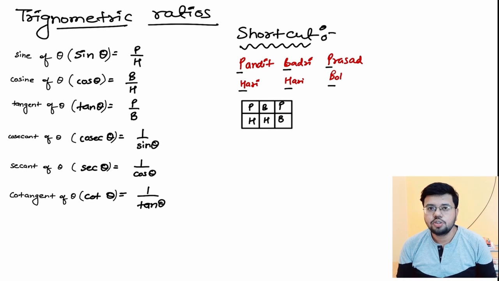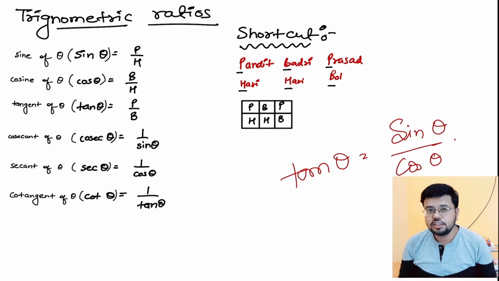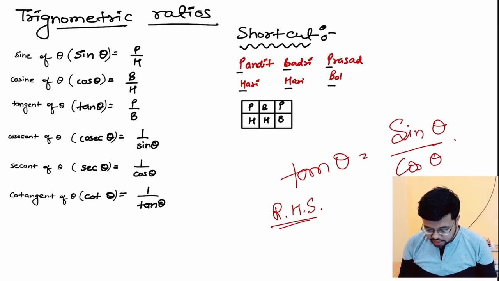Now, after learning the shortcuts about the three fundamental ratios, we can also derive the most important relationship between them. That is tan theta equals sine theta by cos theta. If you want to learn how this relationship is derived, we can simply prove the right hand side equals the left hand side of this equation. The left hand side is tan theta, for which the value, as discussed, is p by b.